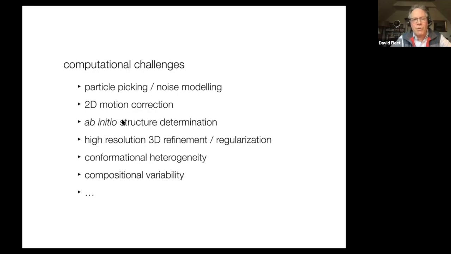The next thing you have to do is take all these images and find an initial structure. And in the past, what people always did was use a lot of prior knowledge to specify an initial guess for the optimization.